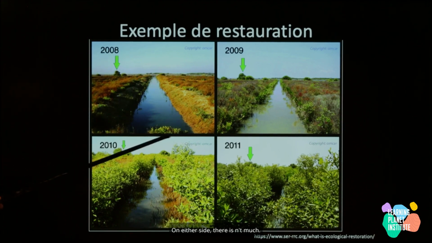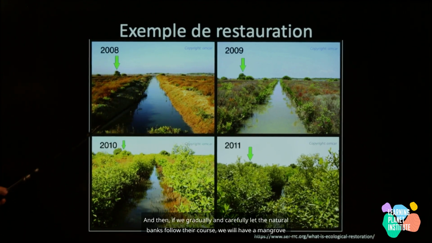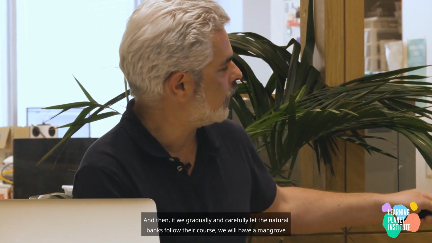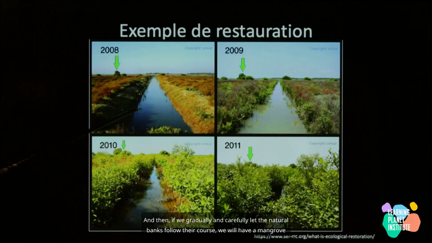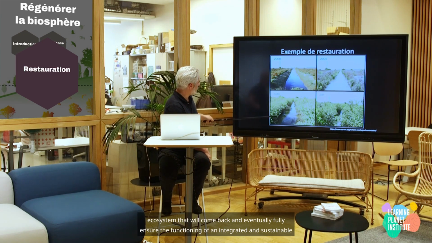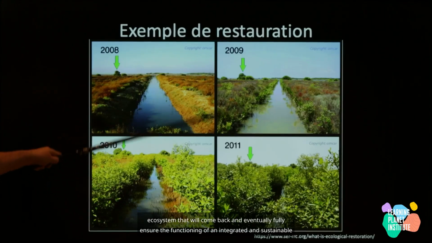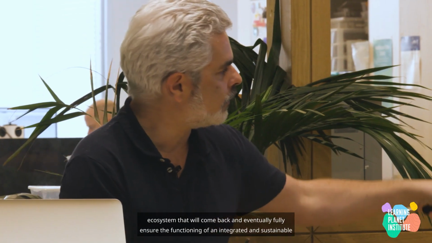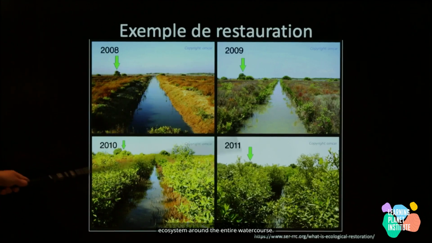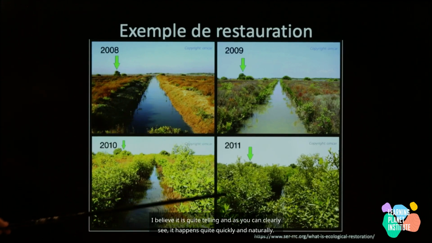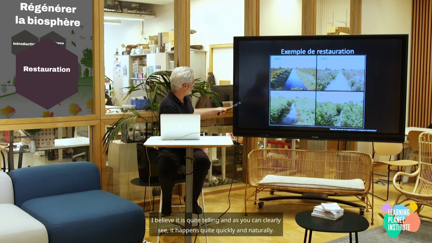On either side there isn't much. And then, if we gradually and carefully let the natural banks follow their course, we will have a mangrove ecosystem that will come back and eventually fully ensure the functioning of an integrated and sustainable ecosystem around the entire watercourse. I believe it is quite telling, and as you can clearly see, it happens quite quickly and naturally.